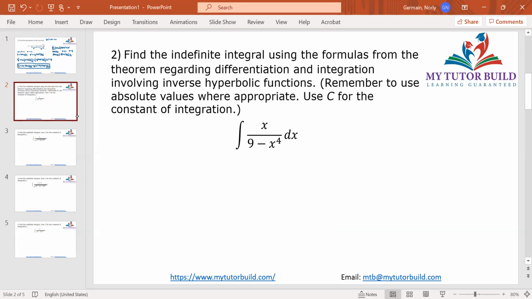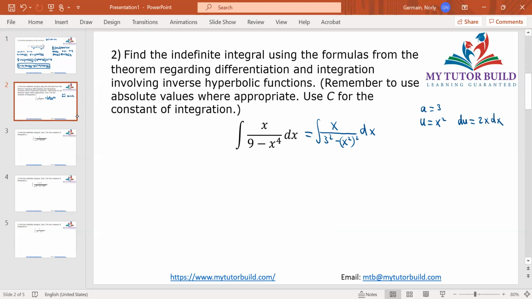Let's say that in this example, we can rewrite the function as x over the square root of 3 squared minus x to the power 2... dx. Anytime we have this type of function, our goal is to identify what part is a, which is 3, and what part is u. Here, u is x squared. If we take the derivative of u, that gives us 2x dx.